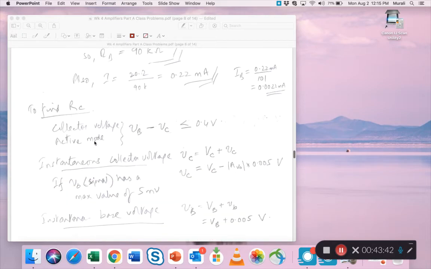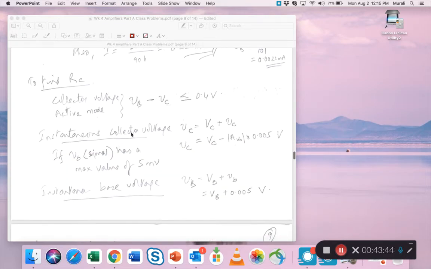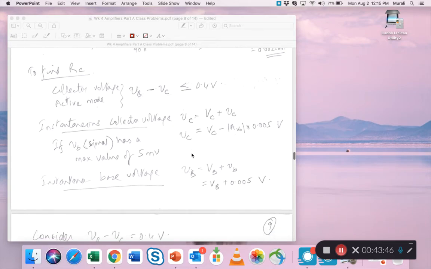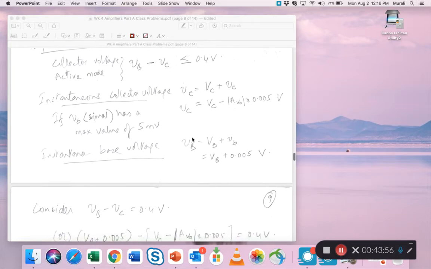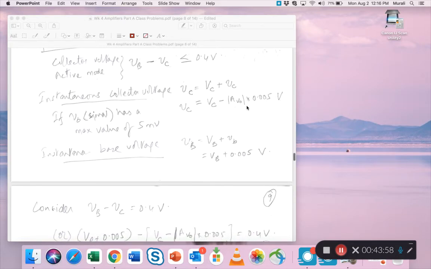Then to find IC, for the collector voltage in active mode, this condition has to be satisfied. Instantaneous collector voltage VC equals this. If the signal has to have a maximum value of 5 millivolts, then VC is the bias VC minus the amplified 0.005, right, at the collector.